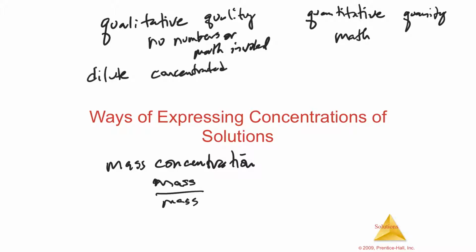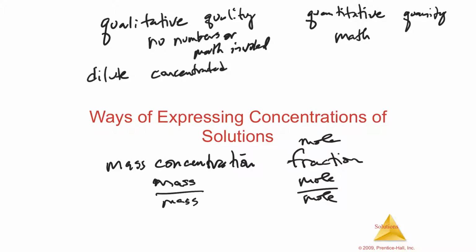Then the second is mole fraction. You've got a fraction where it's not mass over mass, but moles over moles. So you're going to have moles of the solute divided by the moles of the solution. That's kind of the same as mass, just using moles instead of mass.